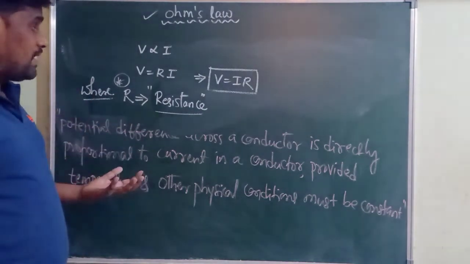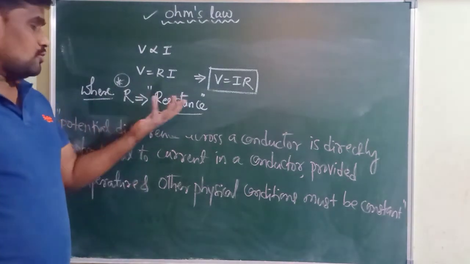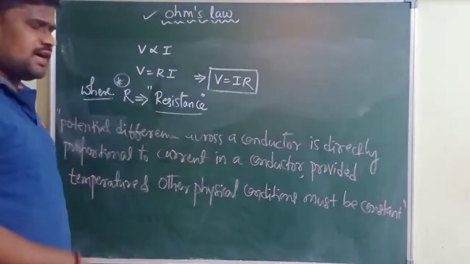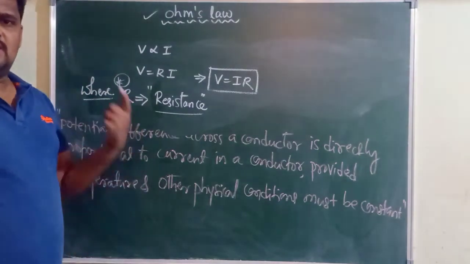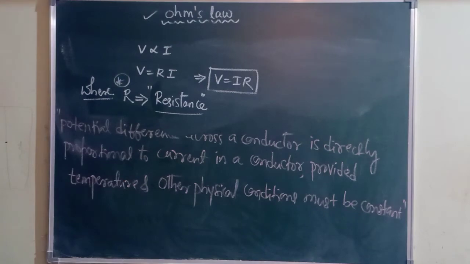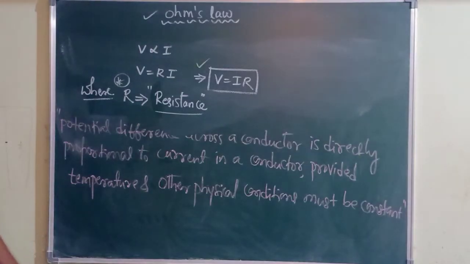It also depends on which material it is made up of. But in general, for a given conductor, R is taken as the constant here. That constant we call resistance. This is the mathematical form of Ohm's law: V equals IR.